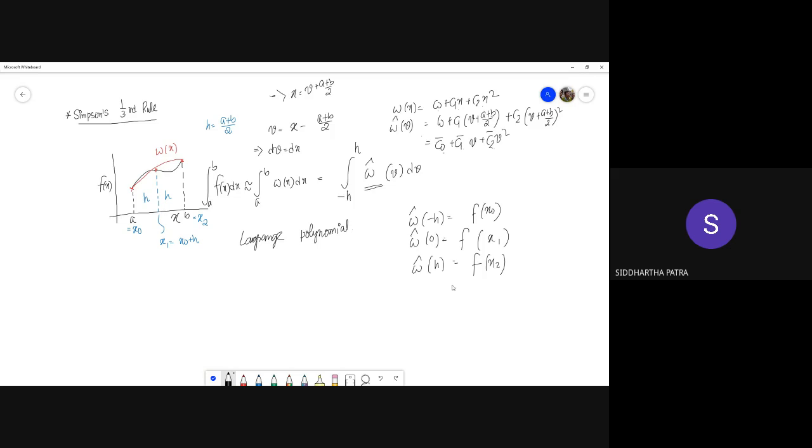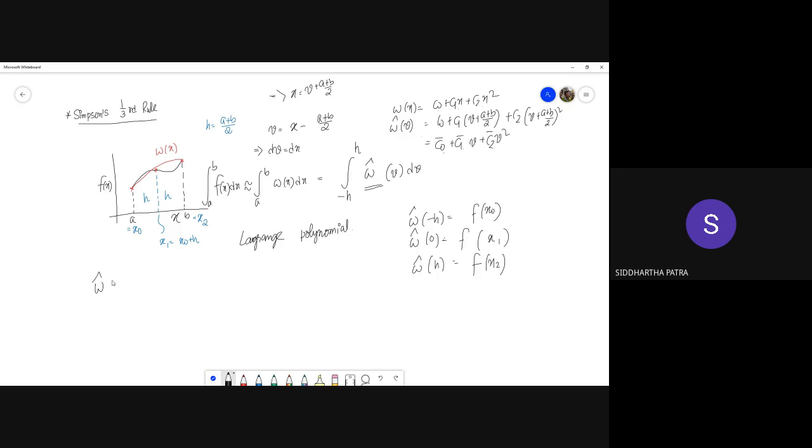So we'll have to fit a parabola that passes through these points. It is rather that we have to make a parabola that exactly passes through these three points. So we would make a Lagrange polynomial which looks like this.